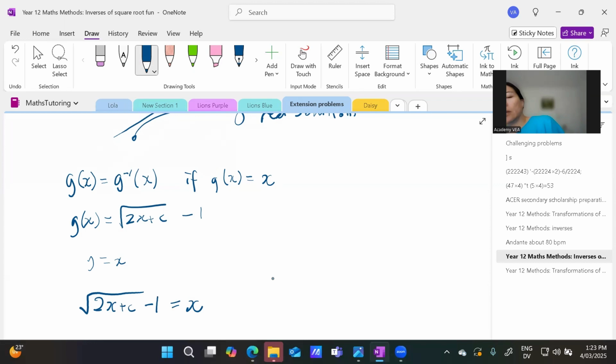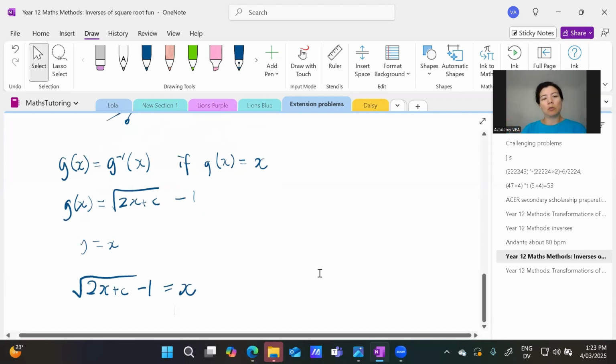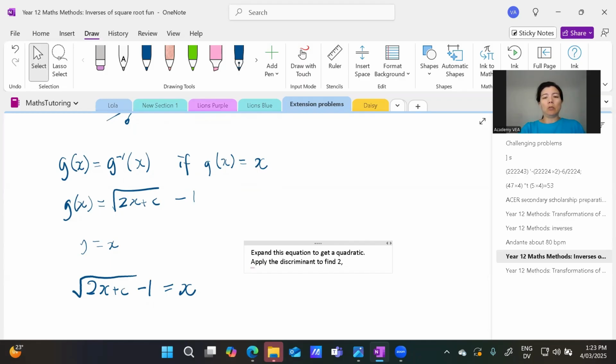And then from here, it becomes a quadratic, which you must use the discriminant for. So this is the short overview: expand this equation to get a quadratic, then apply the discriminant to find either 2, 1, or 0 real solutions.